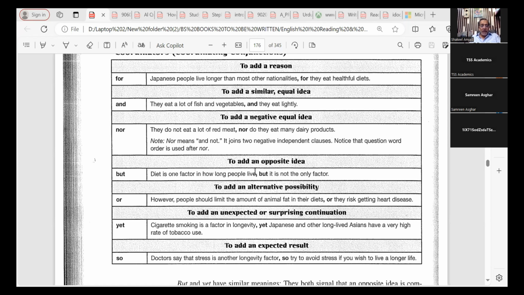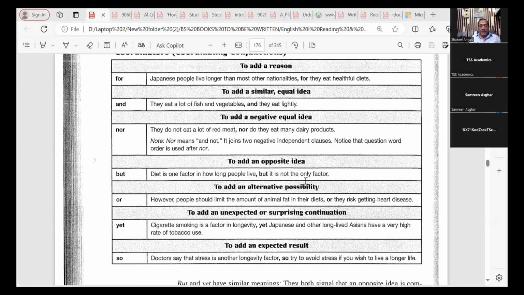But, to add an opposite idea: diet is one factor in how long people live. Diet, listen to it. This is very important for Lahorites. Like in Baral, people live in other cities also, violates dieting principles, but it is not the only factor.